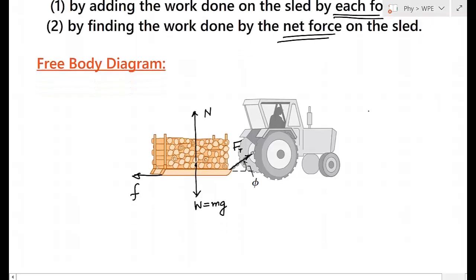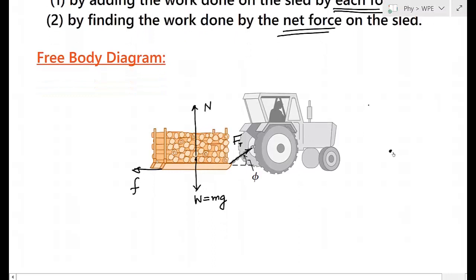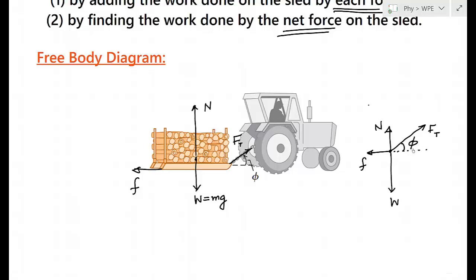Same thing I can show here. So this is weight, this is friction force, and normal reaction acts in the upward direction, and this force due to the tractor acts in this direction and has an angle phi. So now we have to find the work done due to each force.